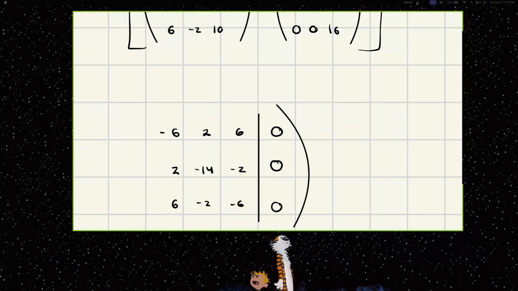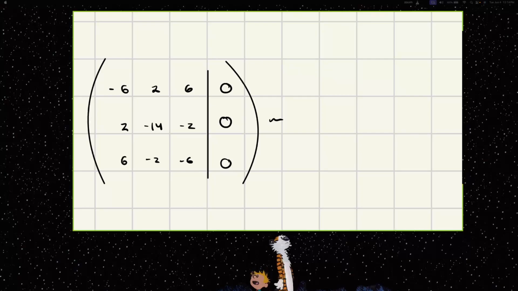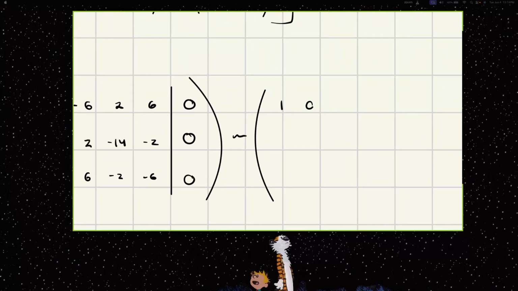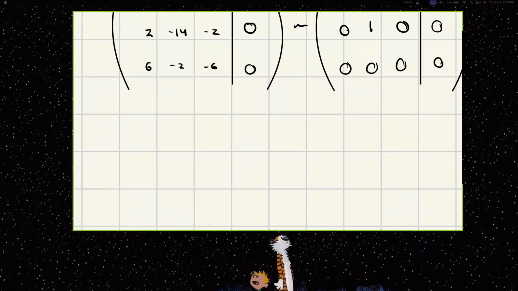So we want to reduce this matrix so that we can have an easier time doing back substitution. What this reduces to, after some off-page work, is 1, 0, negative 1, 0, 1, 0, 0, 0, 0, and of course, because we just had the 0 vector, these all stayed 0. And we are in reduced echelon form because we have a whole bottom row of zeros. So now we can do back substitution directly.